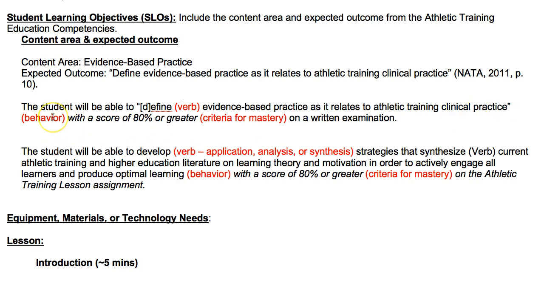That's the behavior that they have to do. And the condition for mastery is they have to score 80% or greater on the written exam, explaining what that all means. So that is turning the expected outcome into a measurable student learning objective, or SOLO.